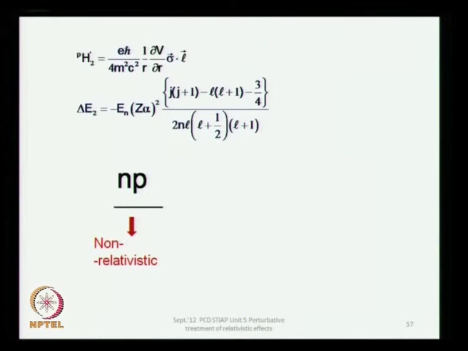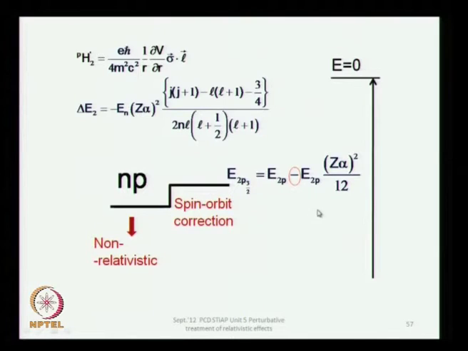Now the spin orbit correction. This will be for L equal to 1, that is the 2p state that we are considering here. When J is L plus half, this goes as the original energy minus E2p times the (Z alpha) square factor.